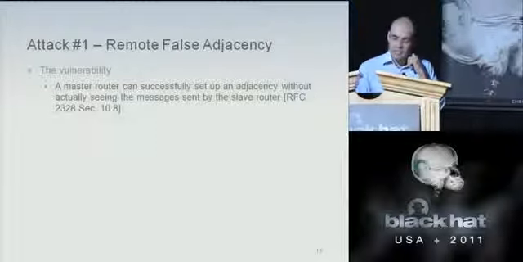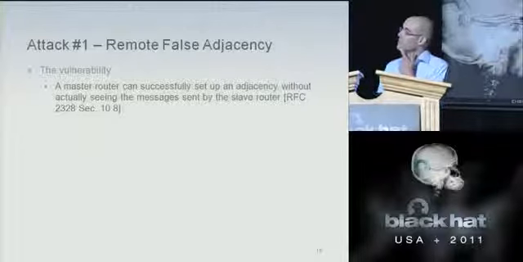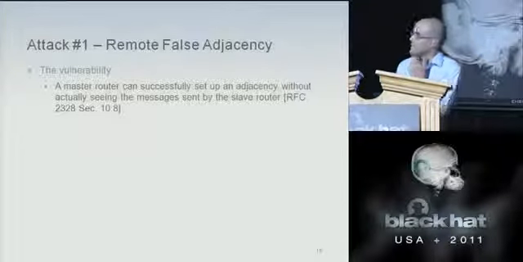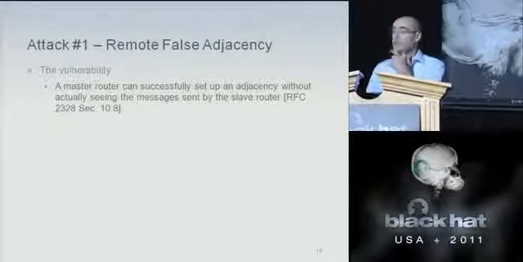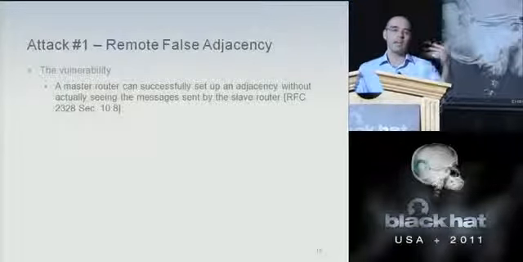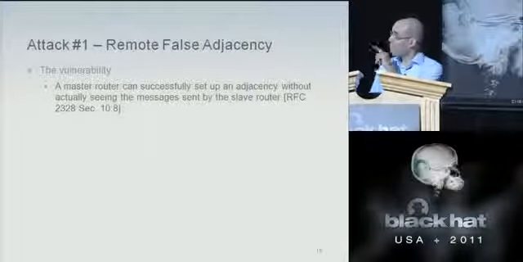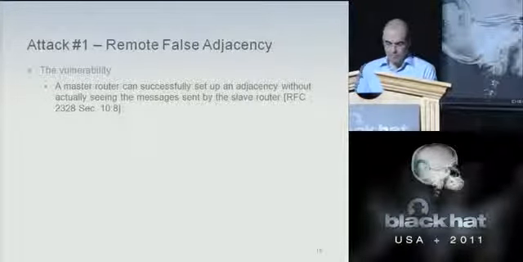So let's begin with the remote false adjacency attack. This attack is based on the following observation. A master router can successfully set up an adjacency with its peer without actually seeing the messages sent by the peer, the slave router. This is derived from this section in the RFC.